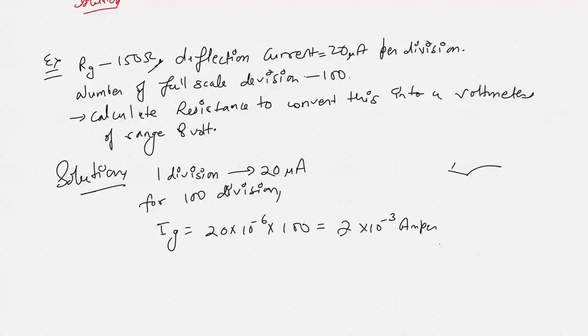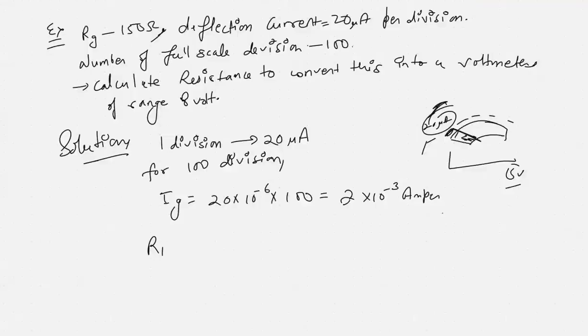For the maximum case you want to measure, if you increase the current by 20 microampere, it goes by one deflection. You have 100 small divisions, and using them for this range you want to measure a maximum of 8 volt. So now you know the range, what should the voltage be?